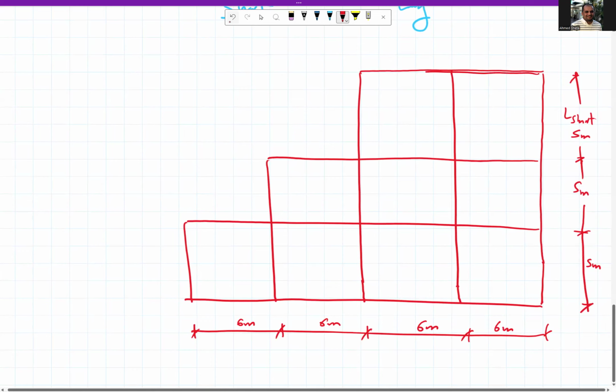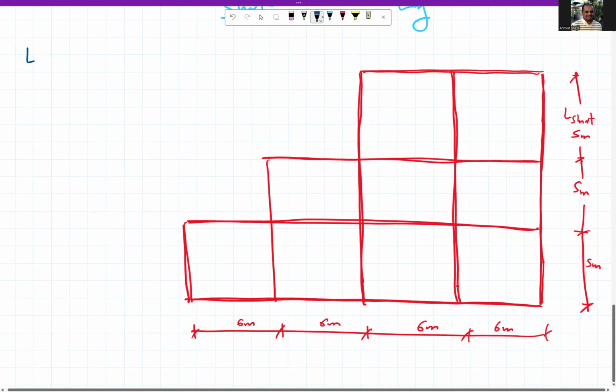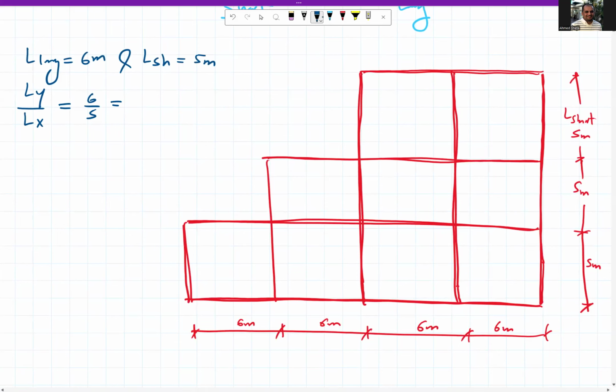And as you know, all the sides of the slab are supported by beams, so all these lines are beams or walls. Let's assume it is beams. In this example, we have L long equal to 6 meters and L short equal to 5 meters. So Ly over Lx equals 6 over 5, equal to 1.2.